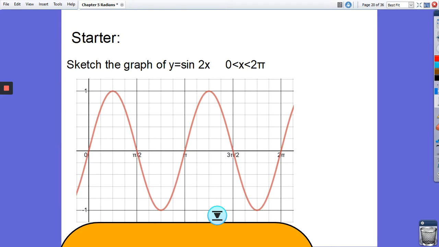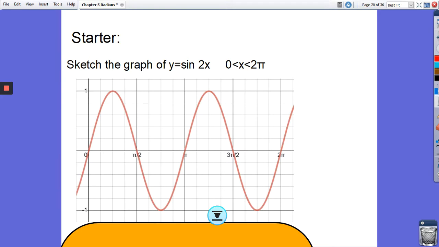But the main thing to note is where it cuts that x-axis, at pi over 2, pi, 3 pi over 2 and 2 pi, because of course it's a transformation of the graph y equals sine x. It is an enlargement, bizarrely, with scale factor of a half in the x direction.